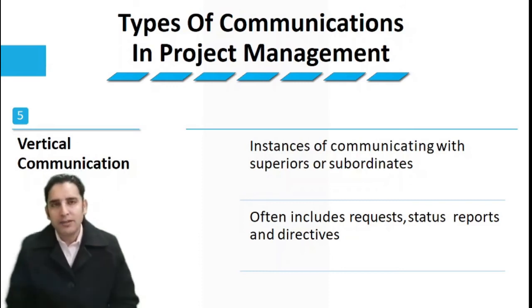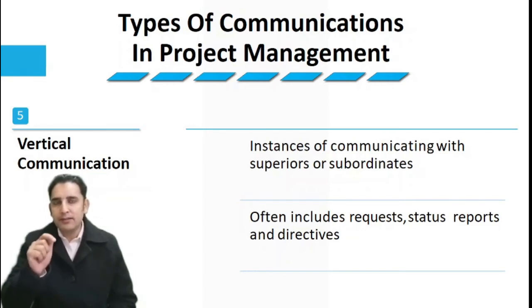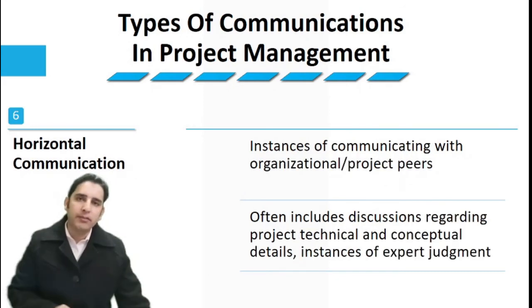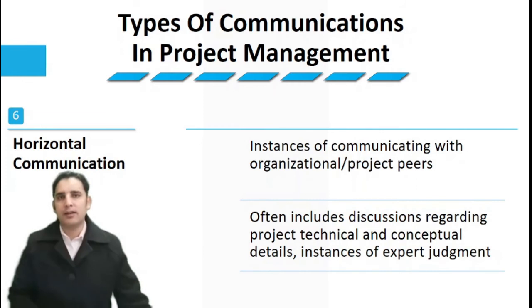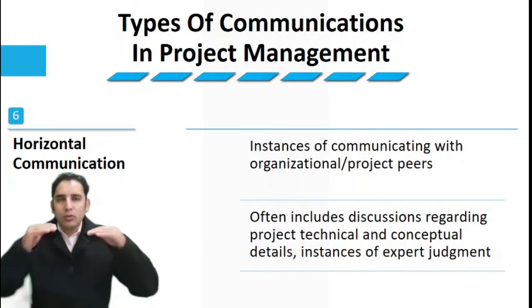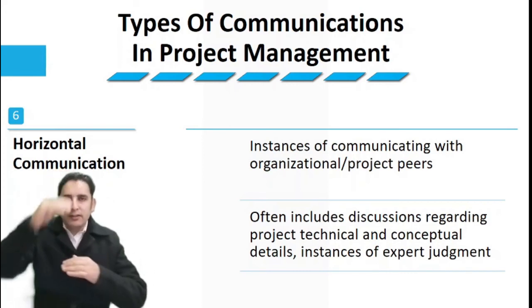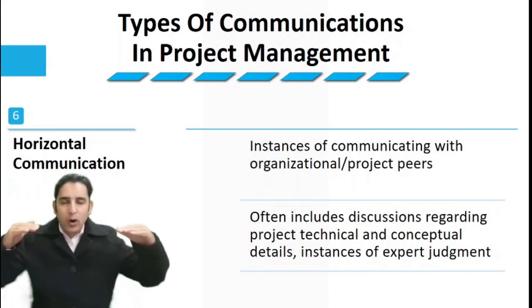Let's move forward and see what the sixth communication type is. The sixth communication type I'm going to unfold is, unlike vertical communication, its opposite, which is horizontal communication. This is a type of communication that is not happening between the top tiers and the subordinates, but rather on a horizontal level.